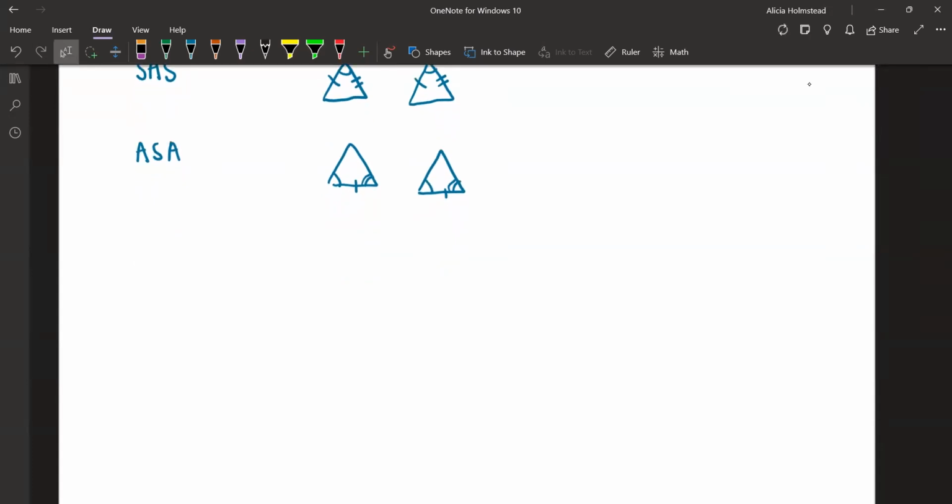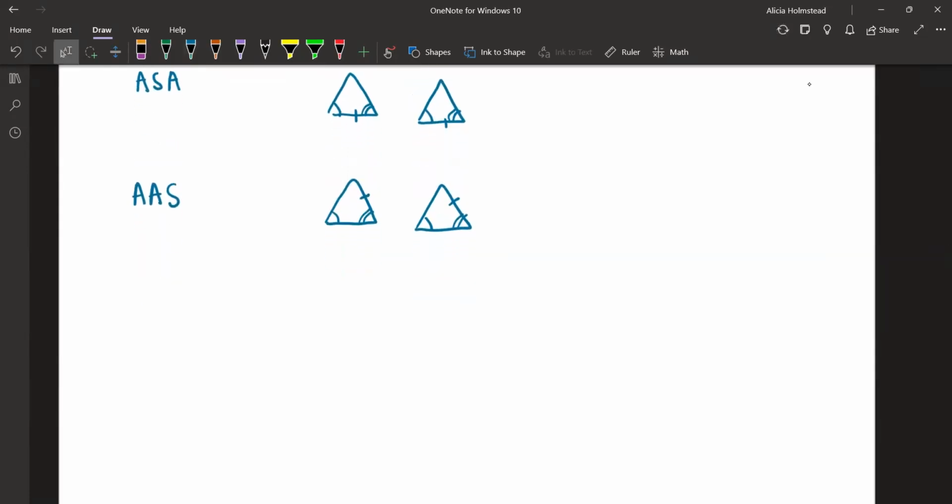Okay, the next one, it is angle angle side. This would be if we had an angle, another angle, and a side going counterclockwise. I guess I could also go clockwise, it doesn't matter. Then we would be able to conclude that the triangles were congruent.